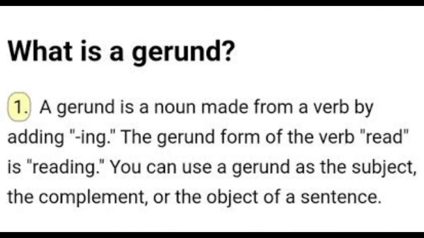So children, a gerund is a noun made from a verb by adding ing. The gerund form of the verb read is reading. You can also use a gerund as the subject, complement or object of a sentence.